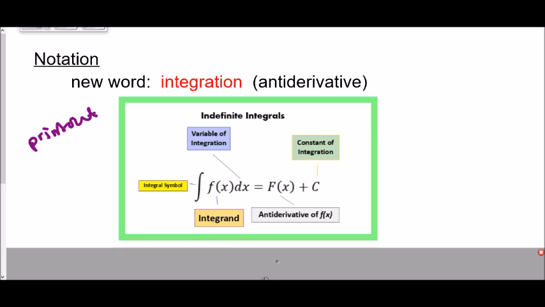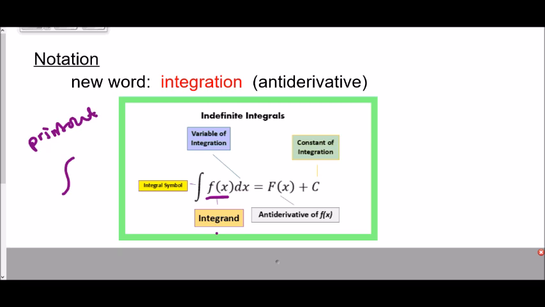This is what an indefinite integral looks like. We have this integral symbol that kind of looks like a squiggle, and we'll practice writing these. We have f of x, which is going to be our function. The name for that is an integrand. So it's what you're integrating. And then what's really important is this dx at the end.